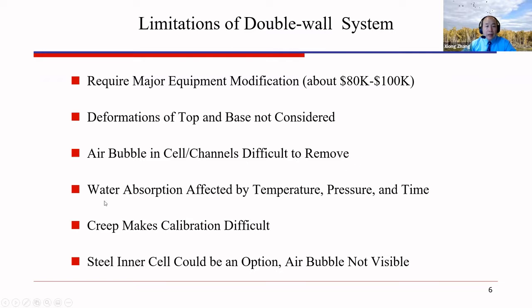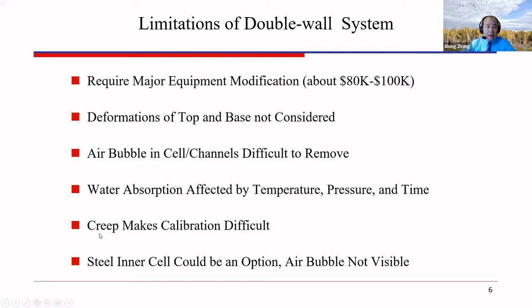And when we use an acrylic cell, it can absorb water, and the water absorption is affected by temperature, pressure, and time. For unsaturated soil, normally it takes 1 to 3 months to finish one test. As a result, the impact will be significant.